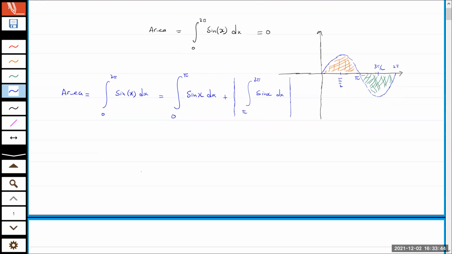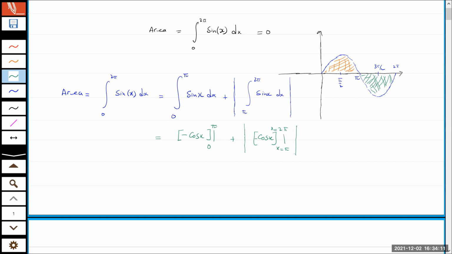Now let's evaluate this. This equals negative cos x, the antiderivative, from 0 to pi, plus the absolute value of, again, negative cos x, where x goes from pi up to 2 pi.